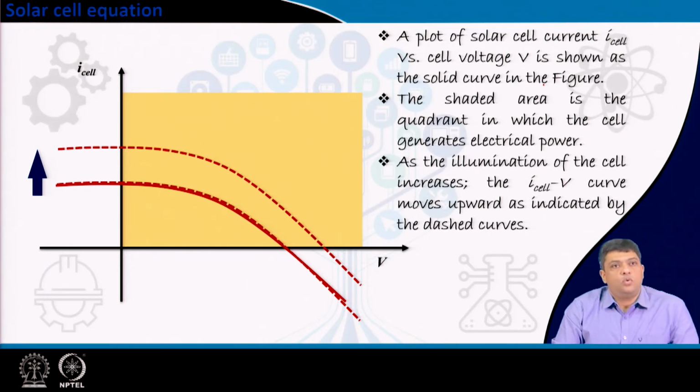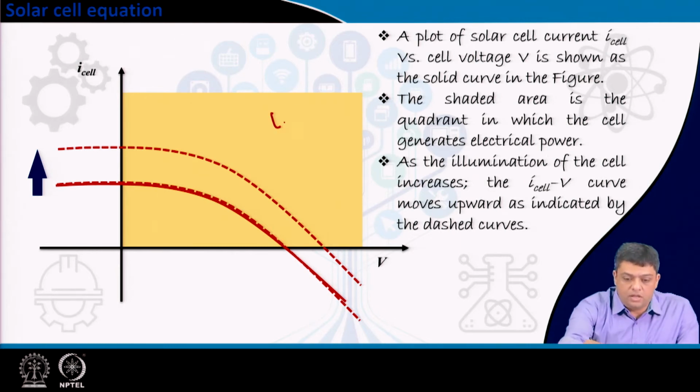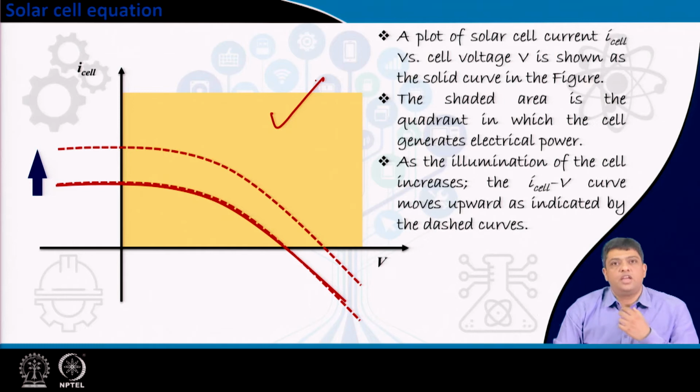So, what happens? Let us draw an I cell versus voltage curve. You find that the shaded area is the quadrant in which the cell generates electrical power. So, you are working in the quadrant in which the cell generates electrical power.